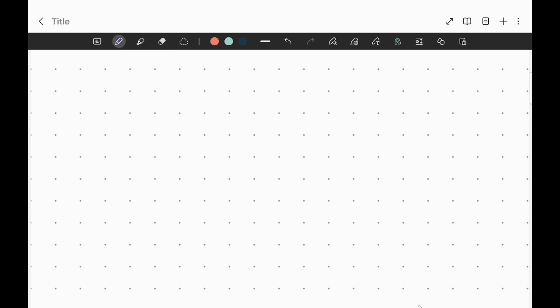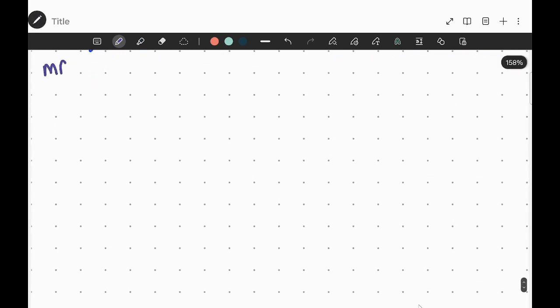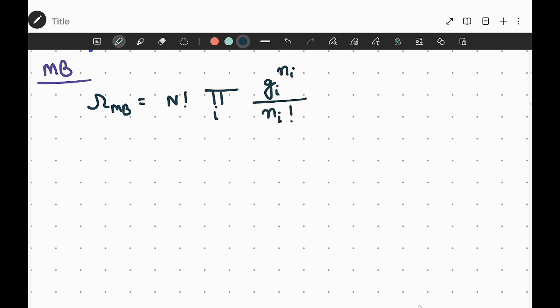First we will do it for Maxwell-Boltzmann, so for Maxwell-Boltzmann this is n factorial. We have to evaluate the most probable distribution.